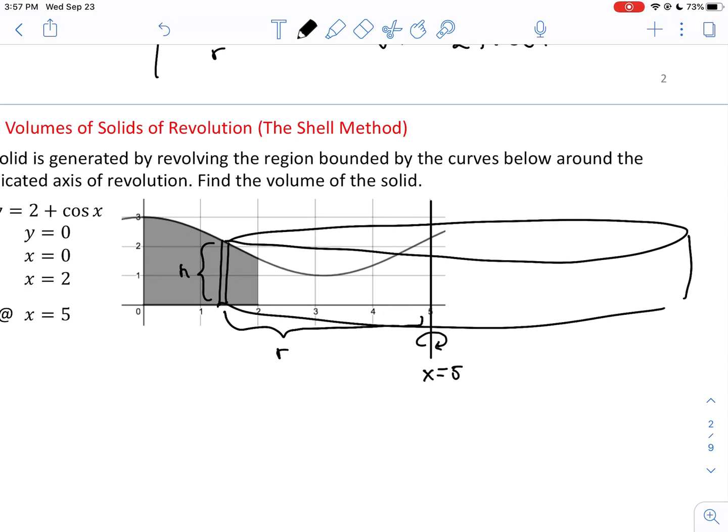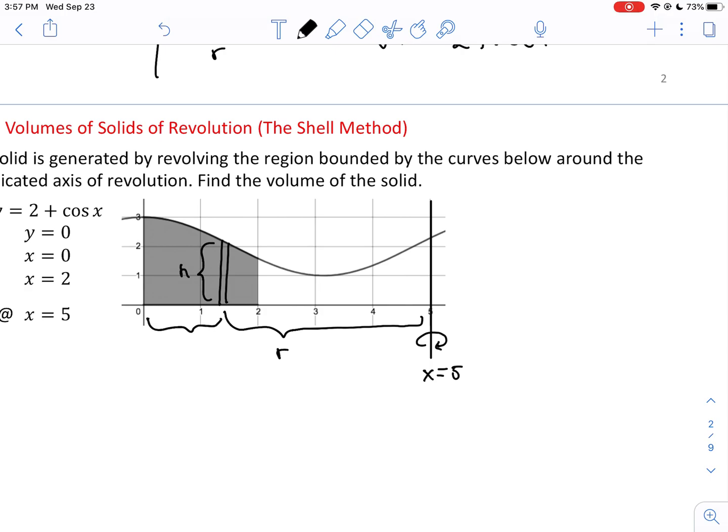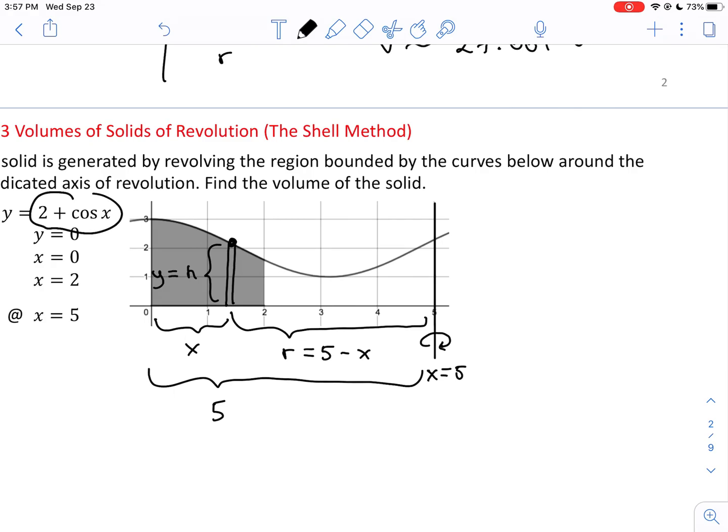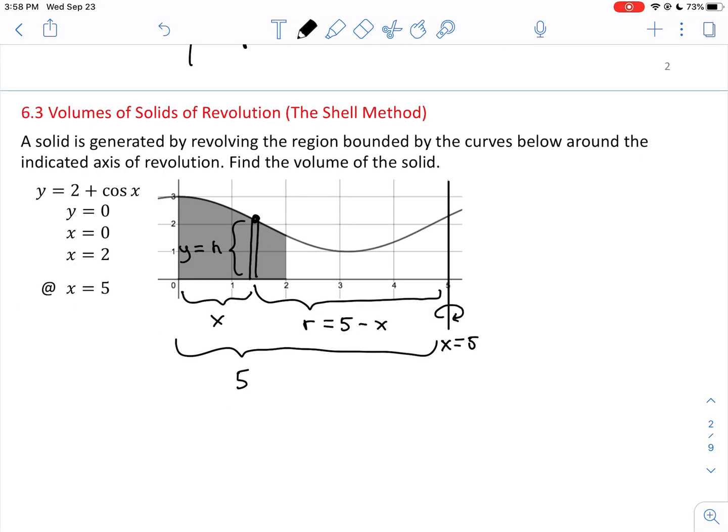Well, we've already established that this length right here is given by the x-coordinate. And we also know that from the y-axis to the axis of revolution is 5 units. So the radius is going to be the total length 5 minus that amount x. And then the height is going to be the y-coordinate again, which is 2 plus cosine of x. All right, so the only thing that really changed here was our formula for the r.